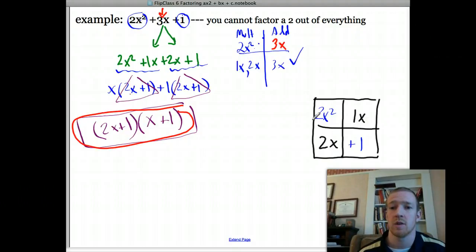So now I factor across here. Or I'll do it the same way as I did last time. I'll factor the top first. So factor the column. That leaves me with a 2x will come out of both of those. All I can get is a 1 out of both of those. And then if I divide what I can out of here, it's just an x I can divide out. And then here I can only divide out a 1. And you got to take out some greatest common factor or this method doesn't work.